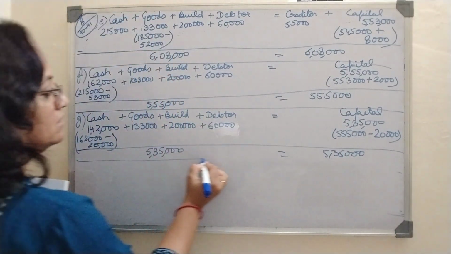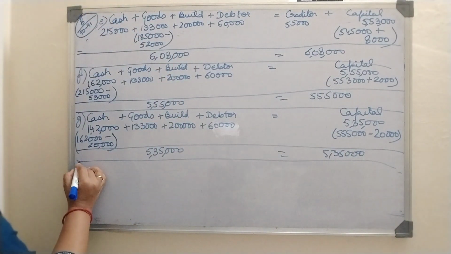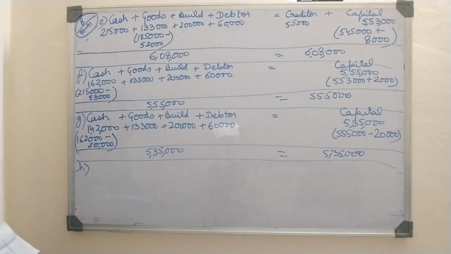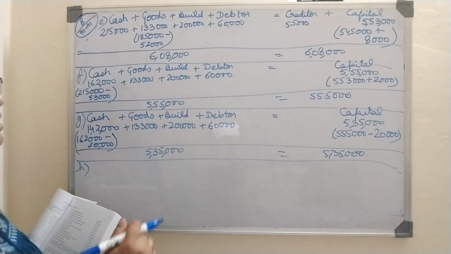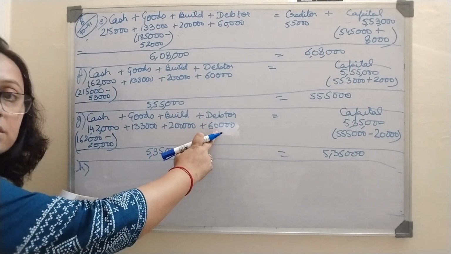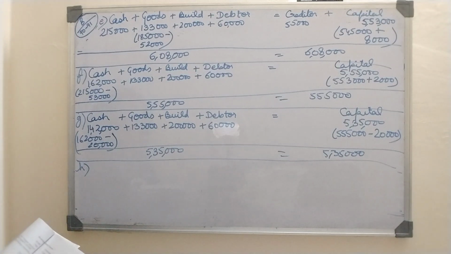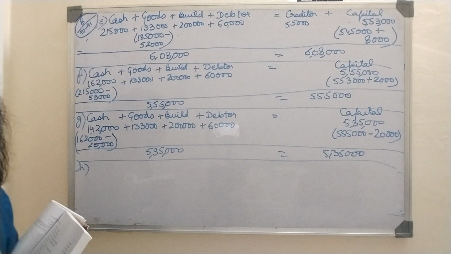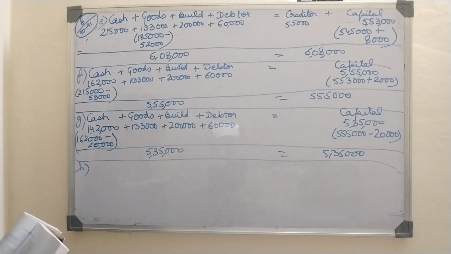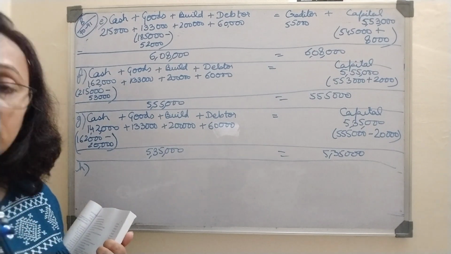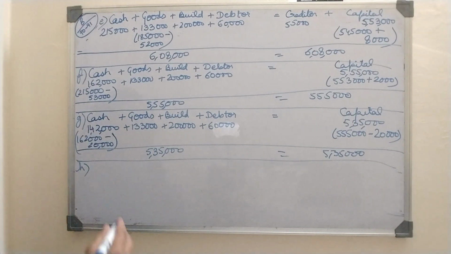Right? Now we move on to the H part. Receive cash from Varun in full settlement. Varun is this one. So Varun was supposed to pay us 60,000, but how much has he paid? He has paid us 59,000. It means we have given him discount. So whenever we are giving discount, we subtract it from capital. Discount given is subtracted from capital. Please learn it.